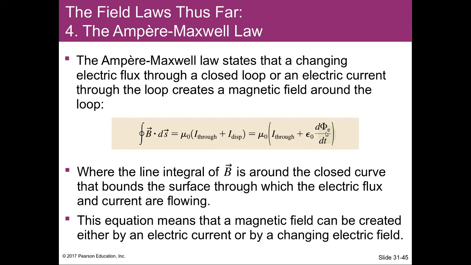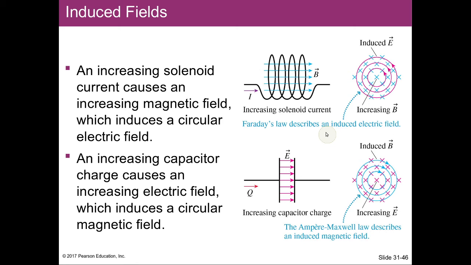And so now we have all the necessary ingredients to state that a changing magnetic field is causing an induced electric field, and we can do that, for example, by increasing the current in a solenoid, and also vice versa, an increasing electric field causes an induced magnetic field.